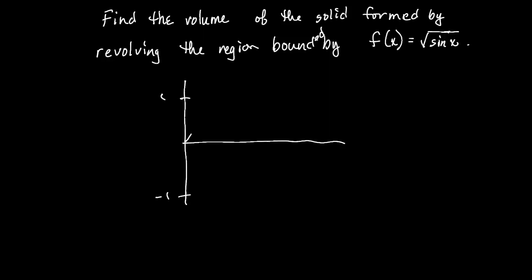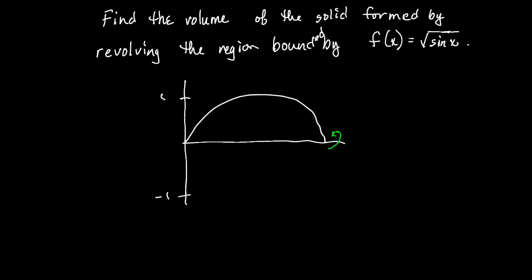It graphs something like this, and we're revolving this around the x-axis. It's like a little squirrely arrow. Some people draw them the other way.